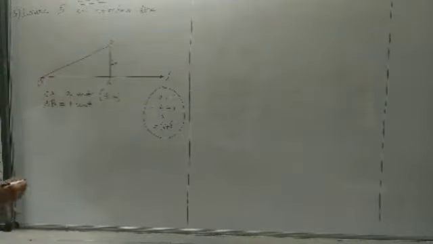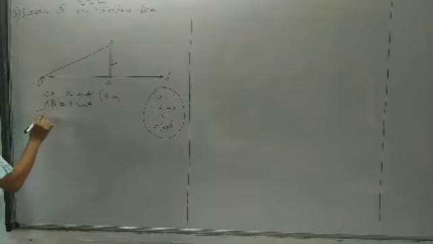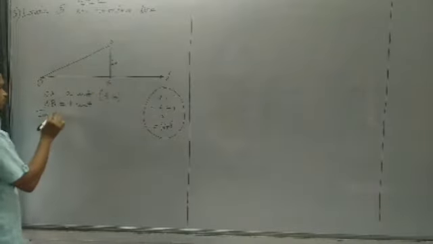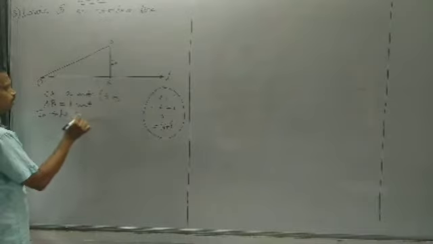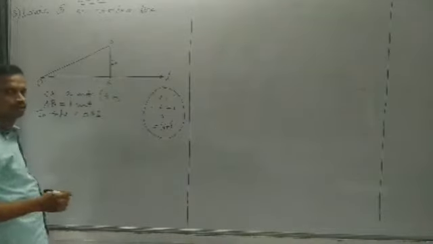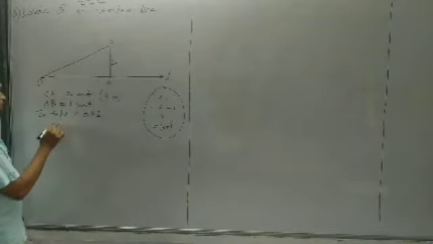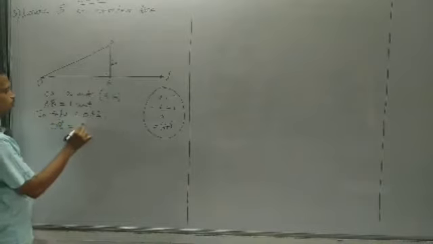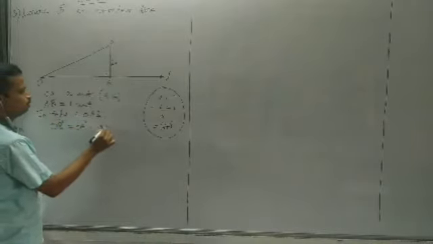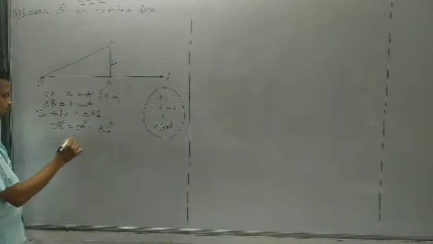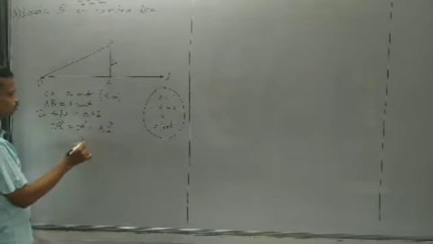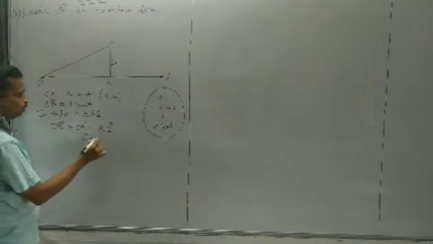You join OB. And by Pythagoras, in right triangle OAB, OB square is equal to OA square plus AB square. So this is nothing but 2 square plus 1 square.